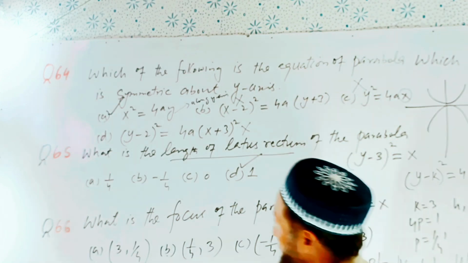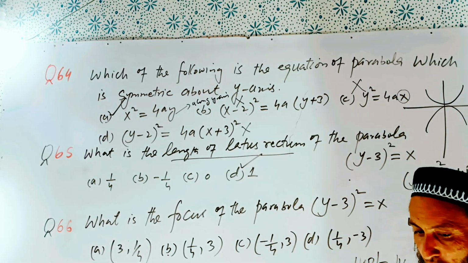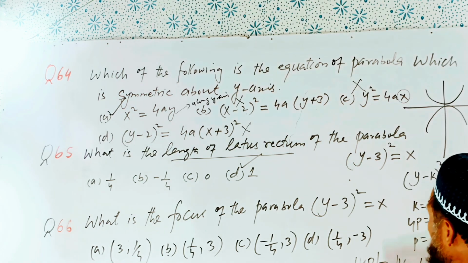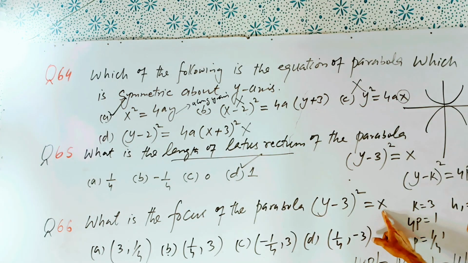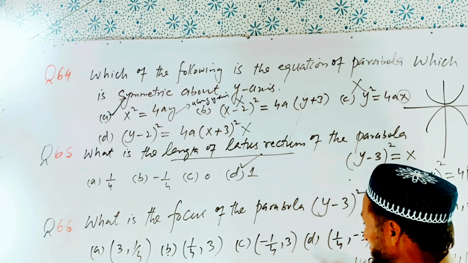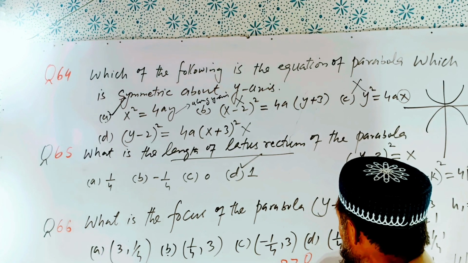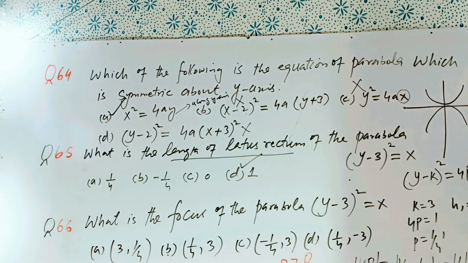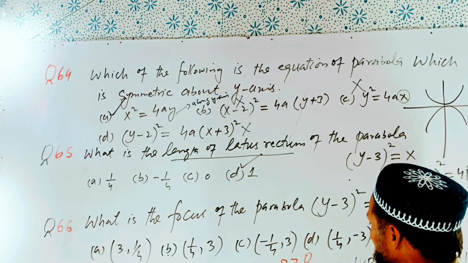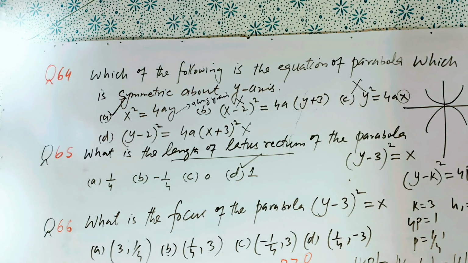And question number 66, what is the focus of the parabola of the same equation? For the focus, we know that the parabola is along the x-axis, so p is greater than 0, that is 1/4 is greater than 0, so the parabola opens to the right side.